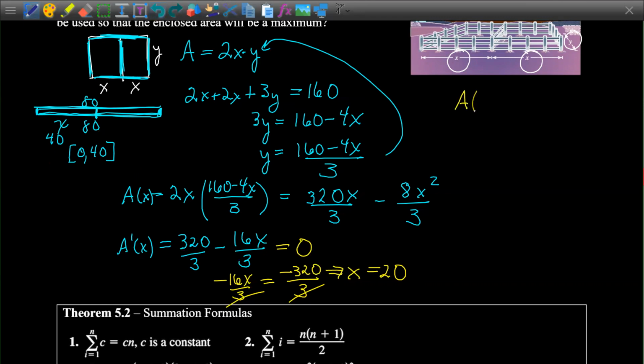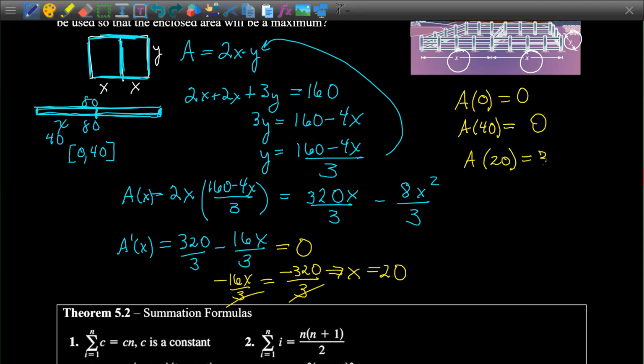So A of the endpoint at 0, if you plug in 0 there, you're going to get a 0. A of 40, if you plug this in, you should get a 0. And you do. You get a 0. And then our A of 20.